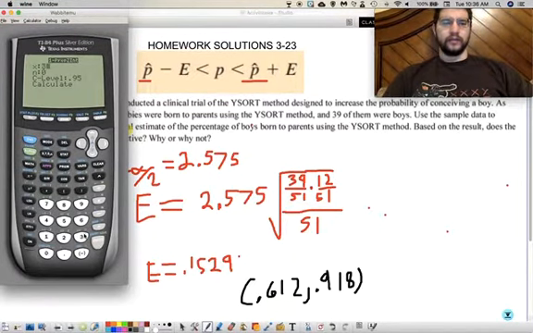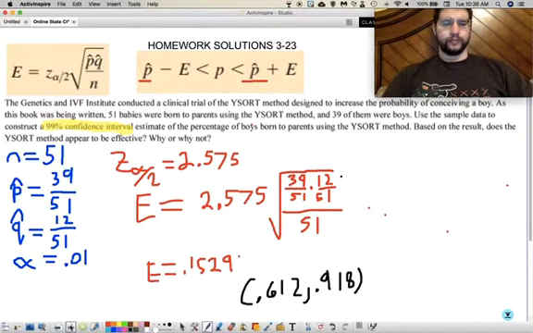X is 39, N is 51, confidence is 99. And there it goes, 0.612 to 0.918. That's our confidence interval. And it does give you p hat right there. If we divide 39 by 51, it'll be that decimal right there.